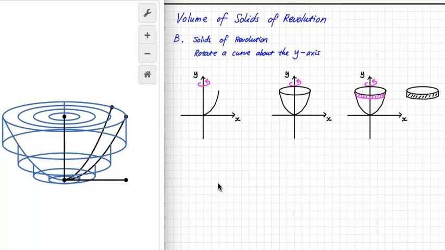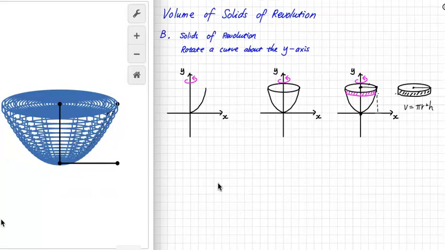So for one slice, the volume is pi r squared h. The radius of the cross section, which is the radius of the circle r, is represented on the graph by the x value. You can see from the graph here, from the y-axis all the way to the edge of the curve, the horizontal length is the radius.